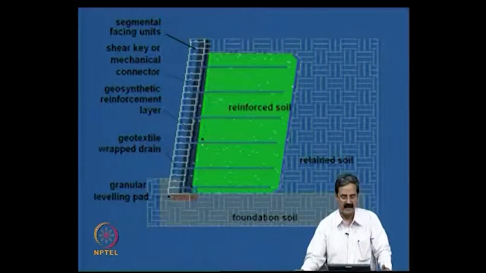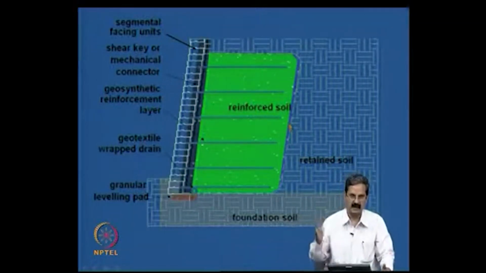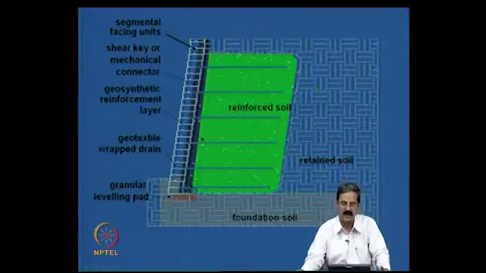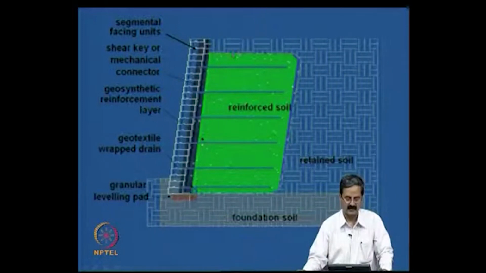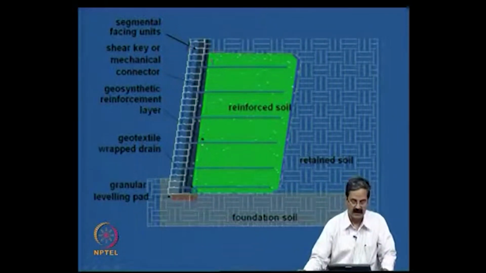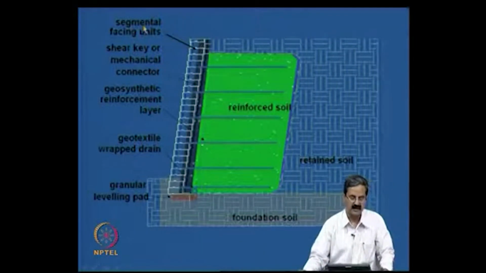The reinforcement elements are designed to take care of the lateral pressures. Once you know the length and the spacing, we have seen this idea in the reinforced soil slopes, and once you know this design comfortably, the pressures on the facing are going to be minimum, and we try to provide some segmental facing types.